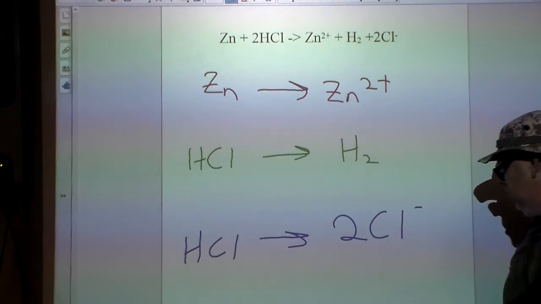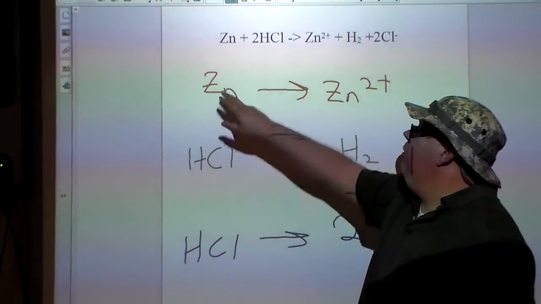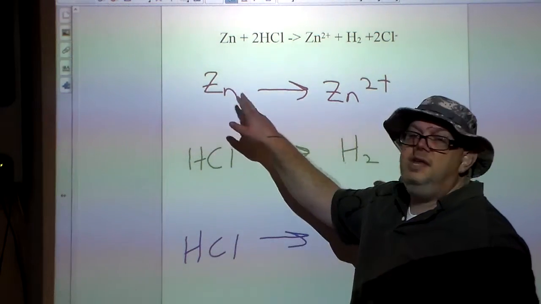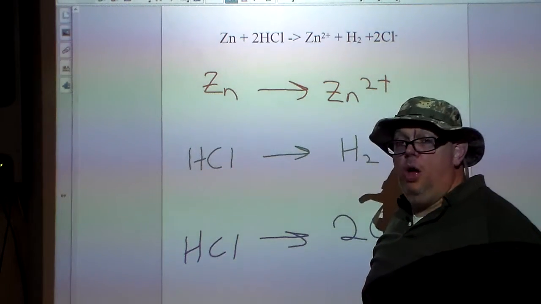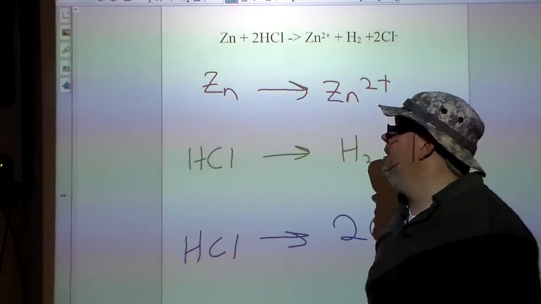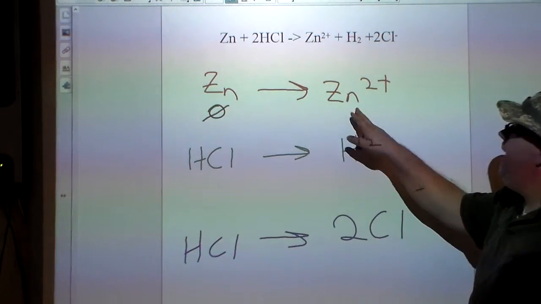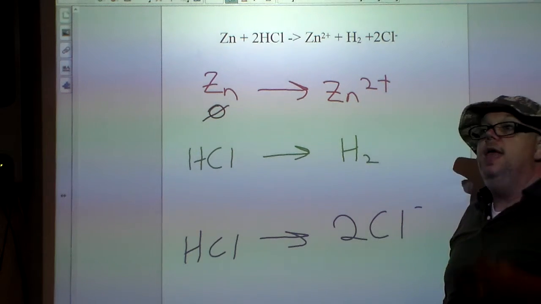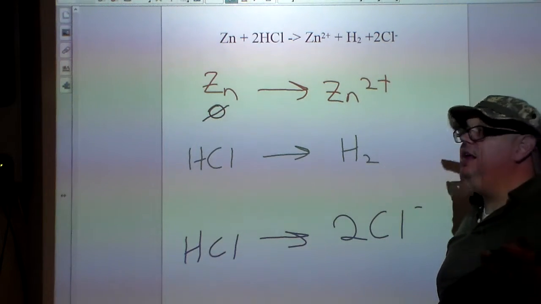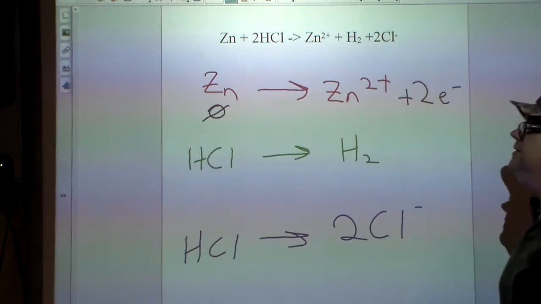So how can we tell about losing or gaining? Well, this is an element in its natural form, so it's going to have a charge of 0. That's why you don't see the 0 there. Here we have got a 2+. What happened in the reaction? The zinc lost 2 electrons, so we can put 2 electrons there.